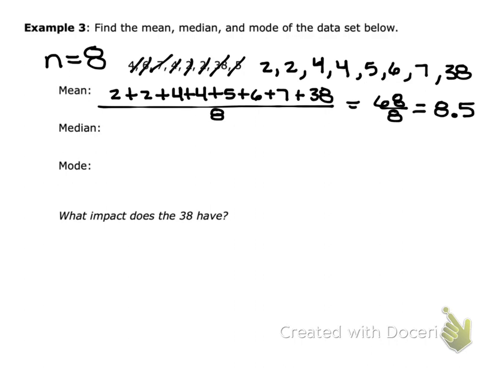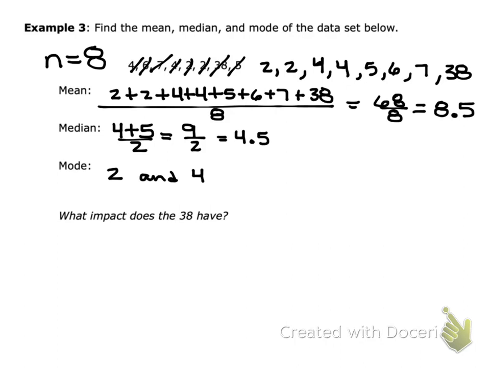Our median, because we have an even number of numbers, we're going to find the 2 right in the middle, which is 4 and 5, and we're going to average those together. So we end up with 4.5 for our median. And in this case, we have 2 modes. The number 2 and 4 both show up twice. So those would be the modes.